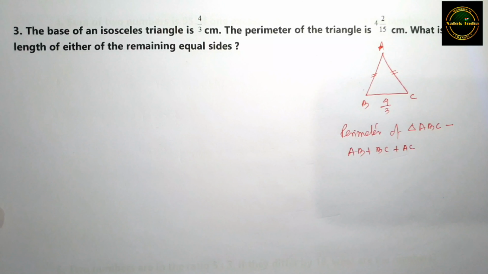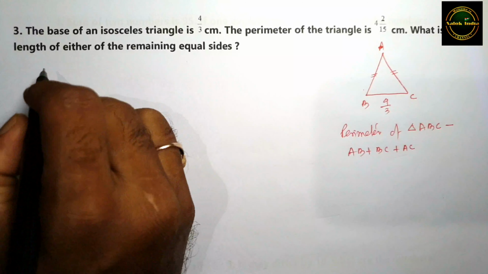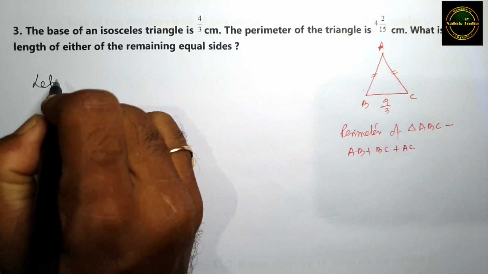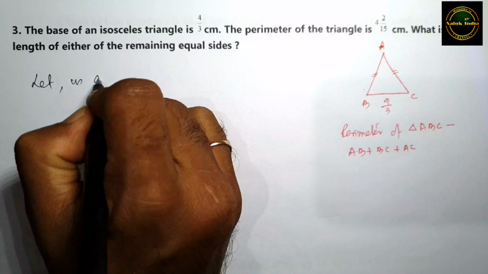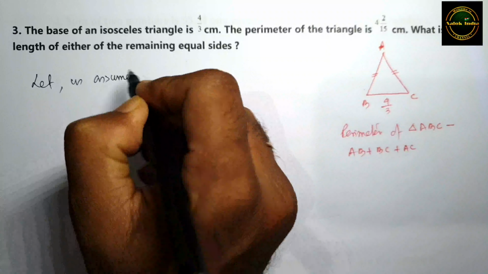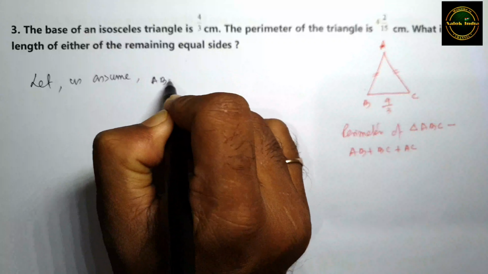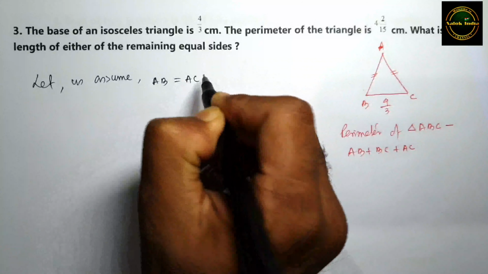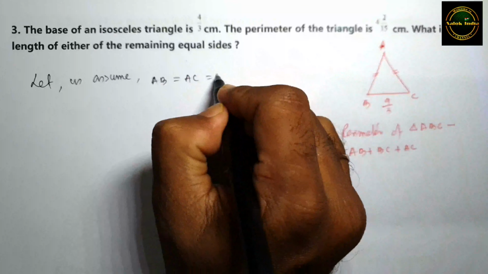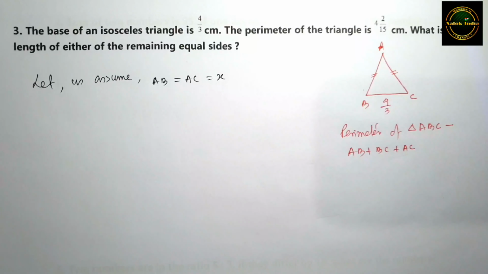So what we'll do, let us assume AB and AC are both equal. So let us assume both are equal to x.